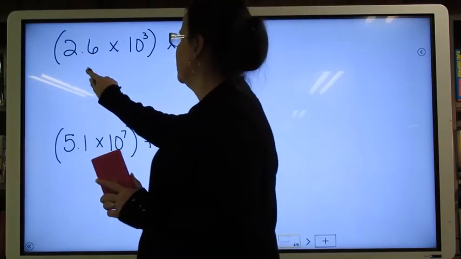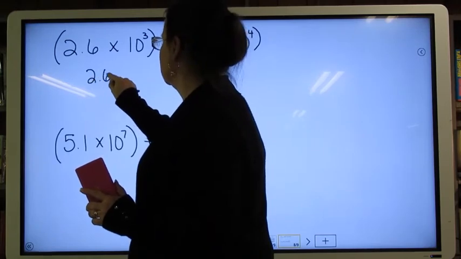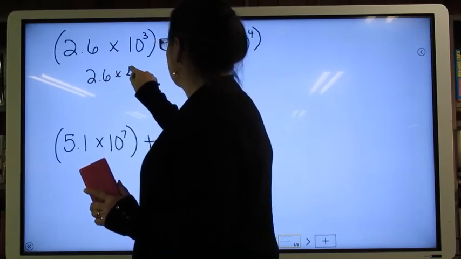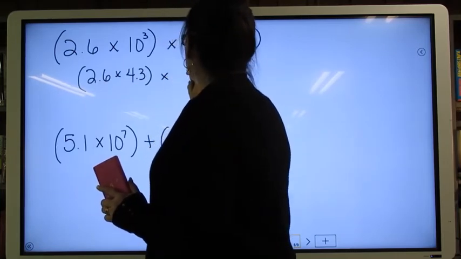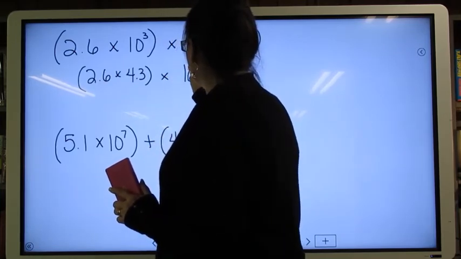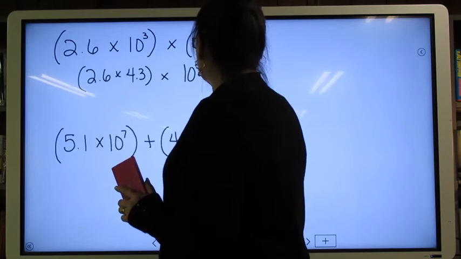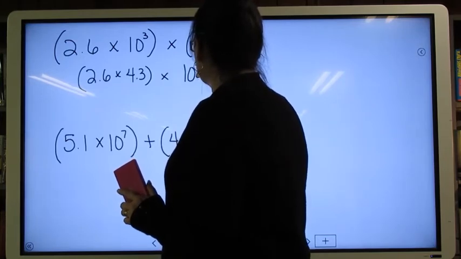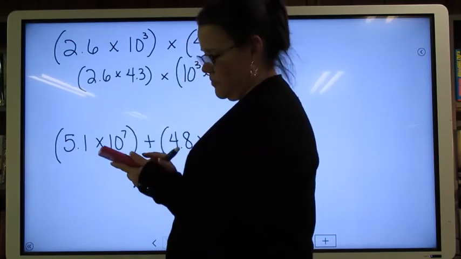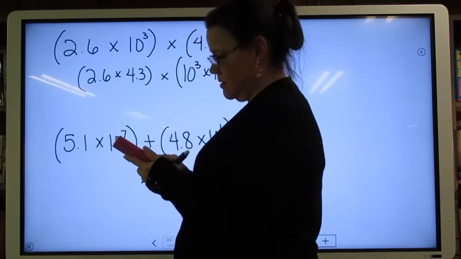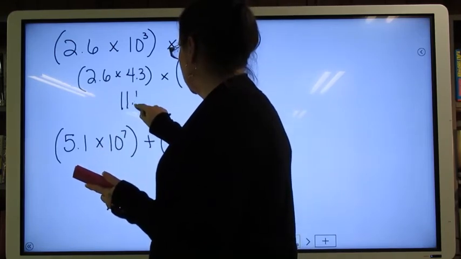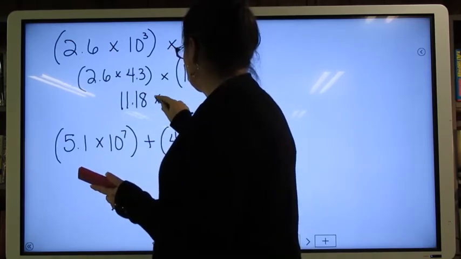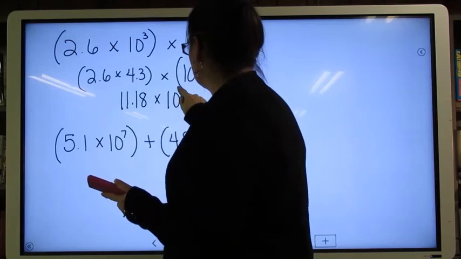We just do 2.6 times 4.3, and then 10 to the third times 10 to the fourth. We could just do it on our calculator. It's 11.18 times 10 to the 7th.